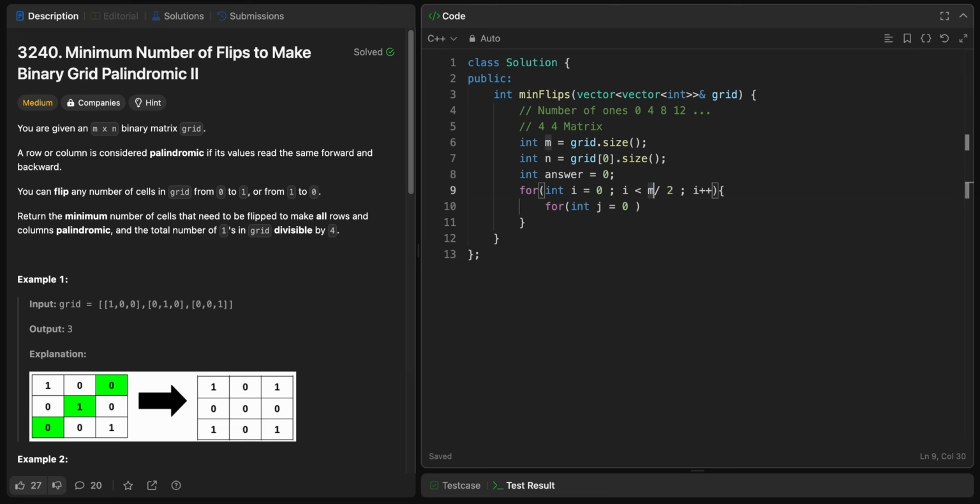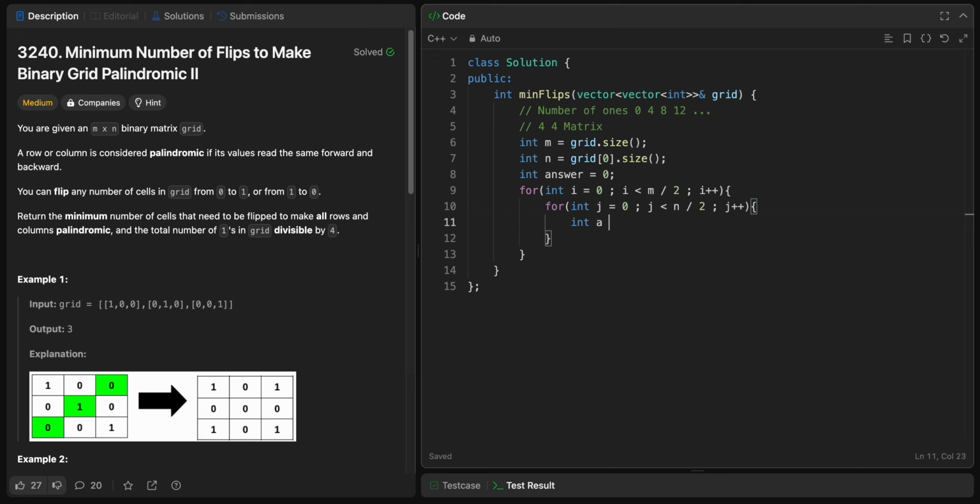In either case, whether it's even or odd, I'll be going till m by 2 and n by 2 only. But if it's odd, then there needs to be an extra row or column to be considered, or it can be both of them as well.